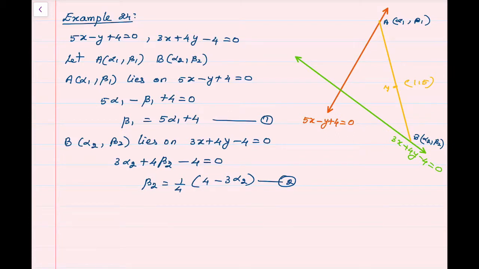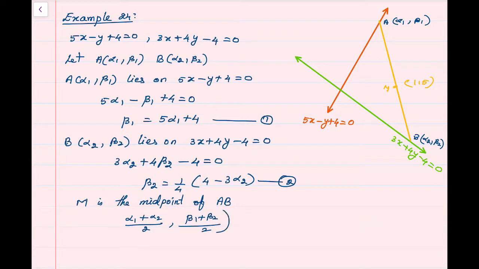We got 2 equations. To get 2 more equations, we will use the midpoint M. M is the midpoint of AB. (Alpha 1 plus alpha 2) divided by 2, (beta 1 plus beta 2) divided by 2, this is the midpoint formula, and this is equal to (1, 5).